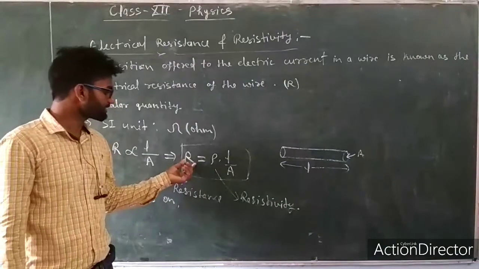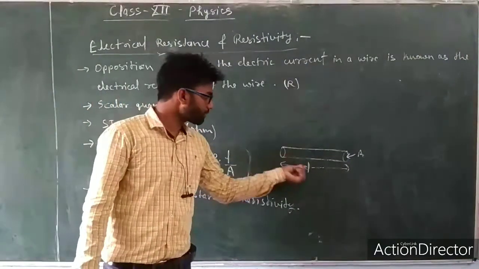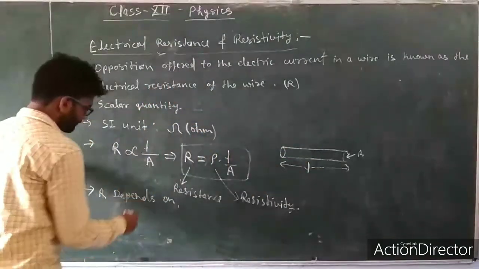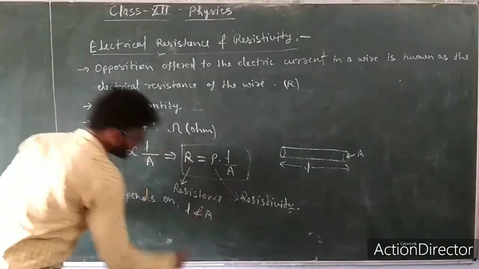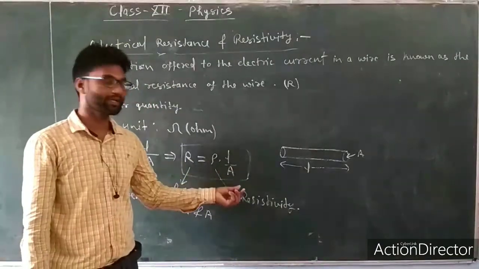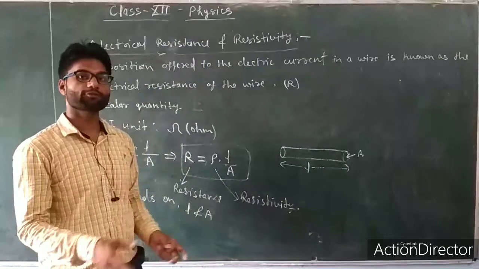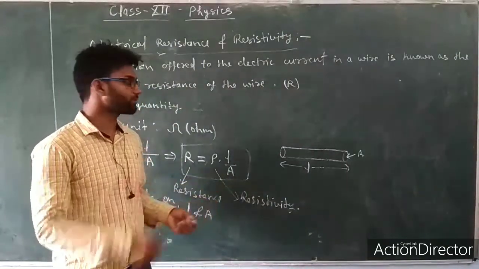That means this resistance is depending on the geometrical properties of this wire: L, the length of the wire, and A, the area of cross section. What is another one? Here is rho, that is resistivity. So resistivity is actually the property of the material.